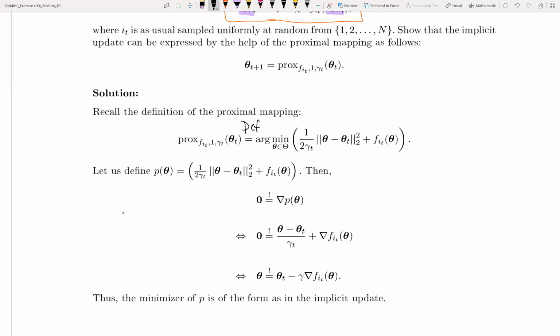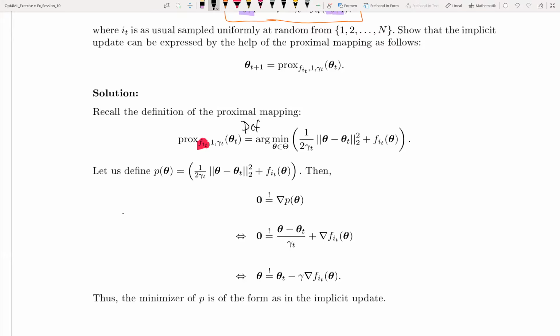So you remember proximal mapping is mapping the theta to the theta space, if it's outside, of course. So it's kind of also a projection, but it's a bit more than that because it's also projection and going into the direction where the minimizer of the function here in the argument is located.